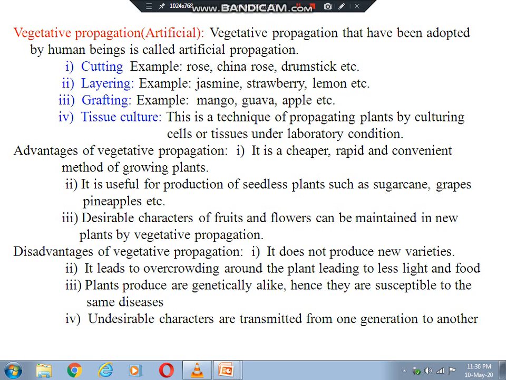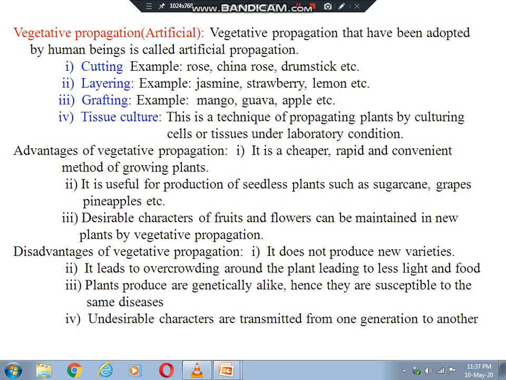Once again I am repeating, the cells grow and divide to form a mass of cell, which is called callus. Then with the callus, some growth regulating hormones are to be added. Then obviously the callus differentiates into plant parts looking like tiny plants. These are called plantlets.